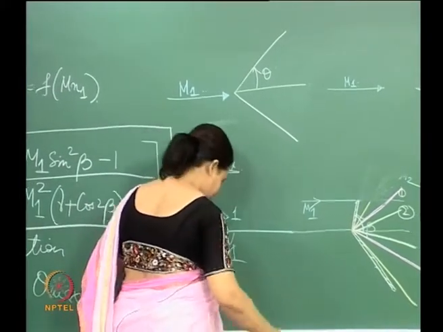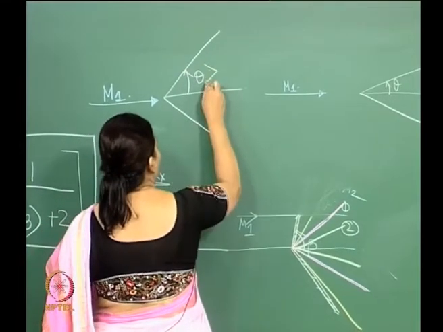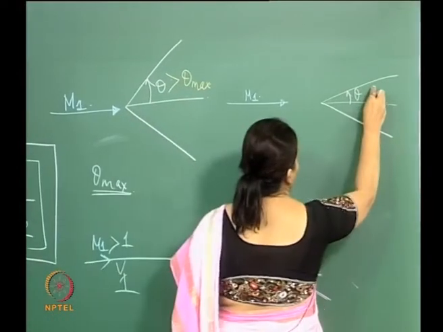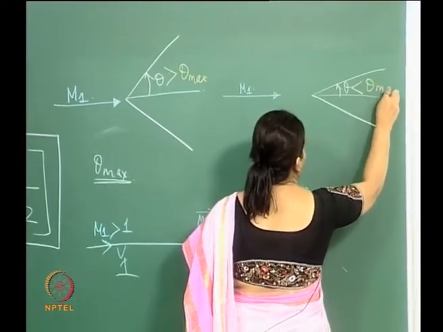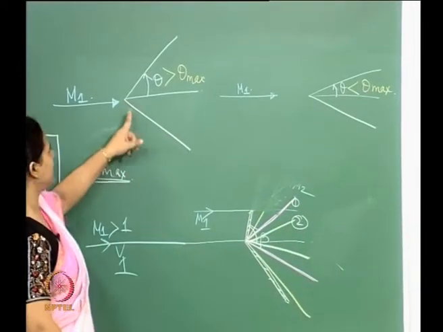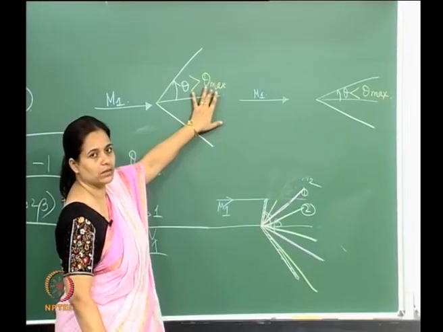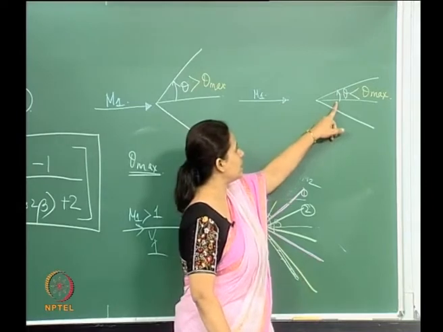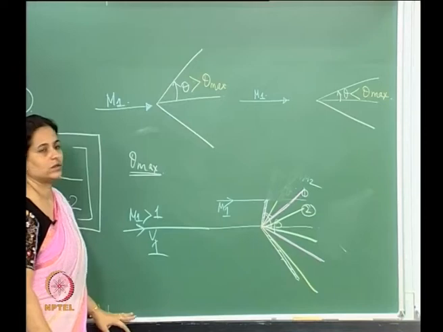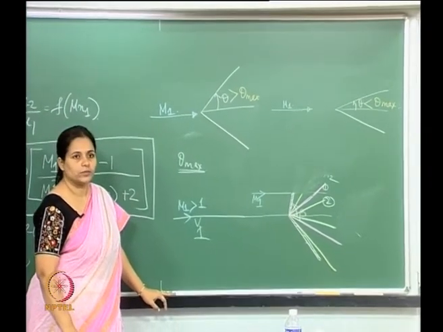Now let us consider these two cases over here. This theta of the body is greater than the theta max, and this theta here is less than the theta max. What happens in either of these cases? What does that mean? How is the geometry of the shock going to be defined?